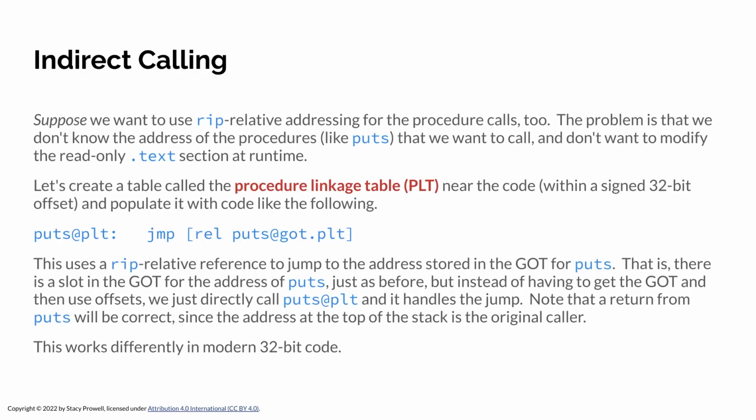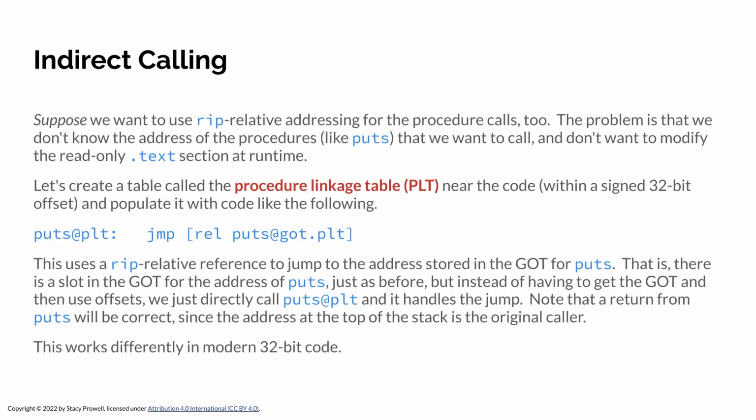All right, so follow me with this for a bit. There's a slot in the GOT for puts, just as before. It's patched at runtime to put the address of puts in the global offset table.